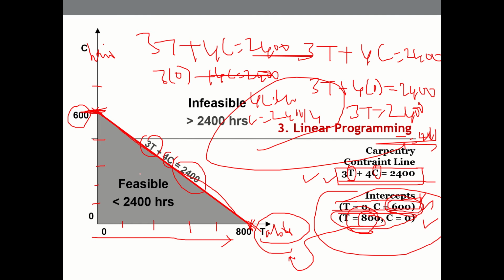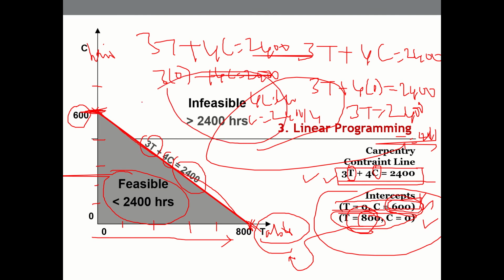Okay, for the first equation for carpentry work, this is the feasible region that we have got. This is how we can convert this into a diagram and identify the feasible area for equation 1.